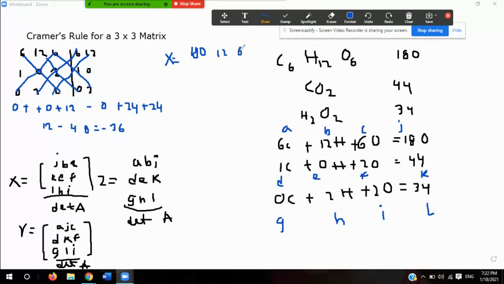And then the other one would be K, E, and F, which in this case is 44, 0, and 2. And lastly, the other one would be L, H, and I, which in this case would be 34, 2, and 2.